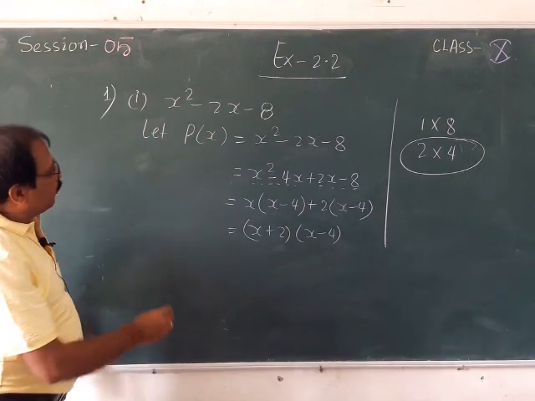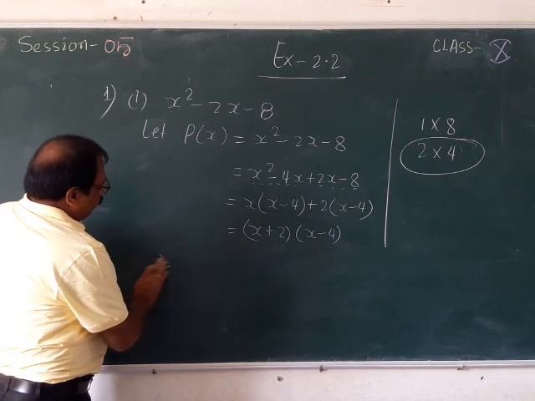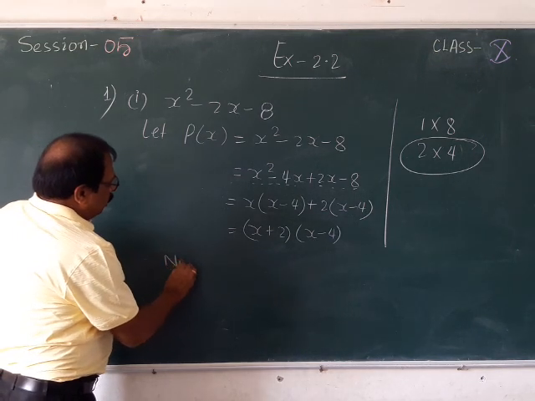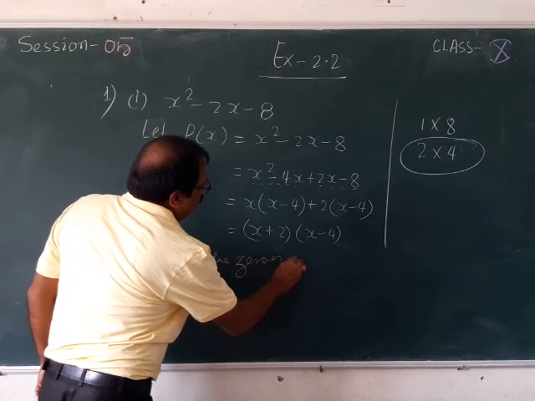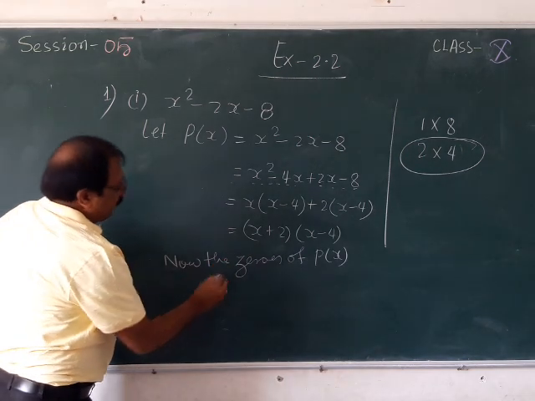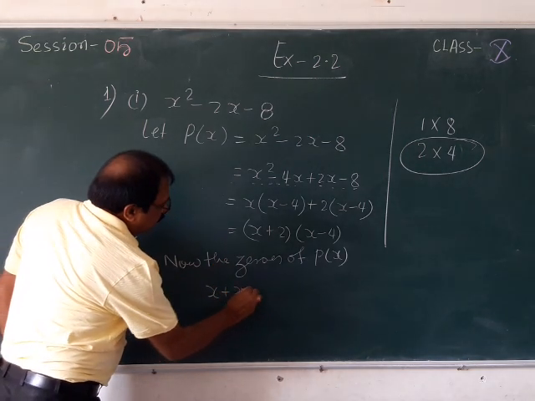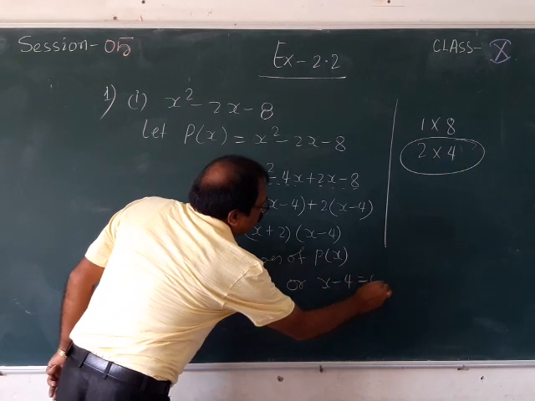Now, the zeros of p(x). For the zeros of p(x), we can write either x plus 2 equal to 0 or x minus 4 equal to 0.